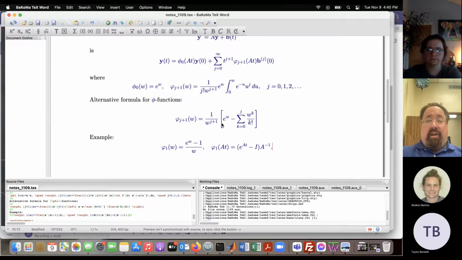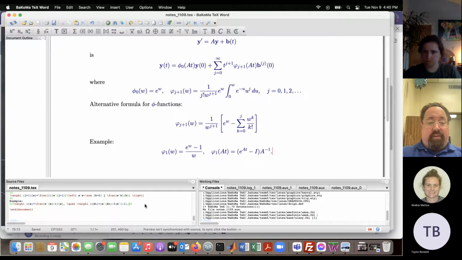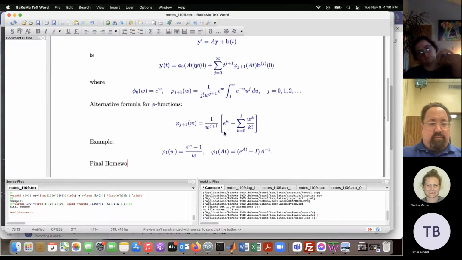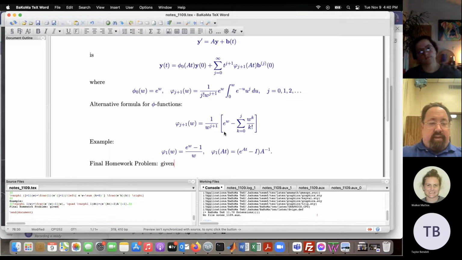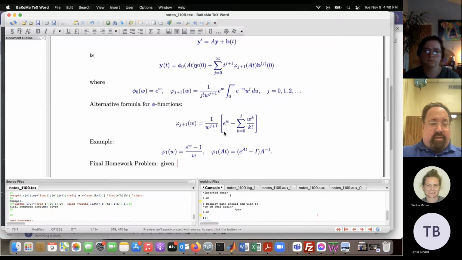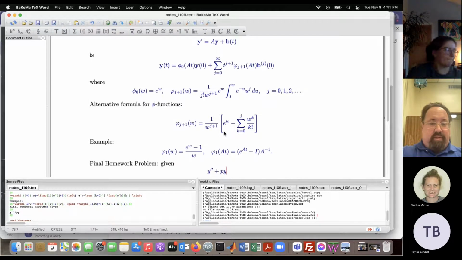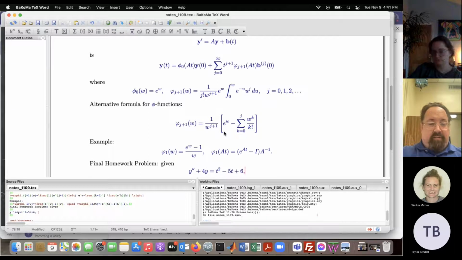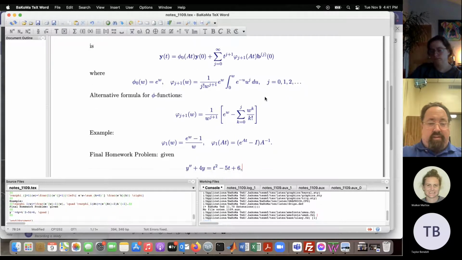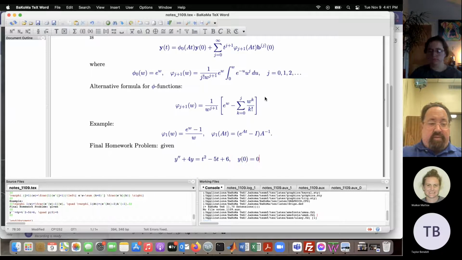Now, what I want you to do with this information here: I'm going to give you a second order scalar ODE, y double prime plus 4y is equal to t squared minus 5t plus 6, with initial conditions y of 0 equals 0, y prime of 0 is 0.